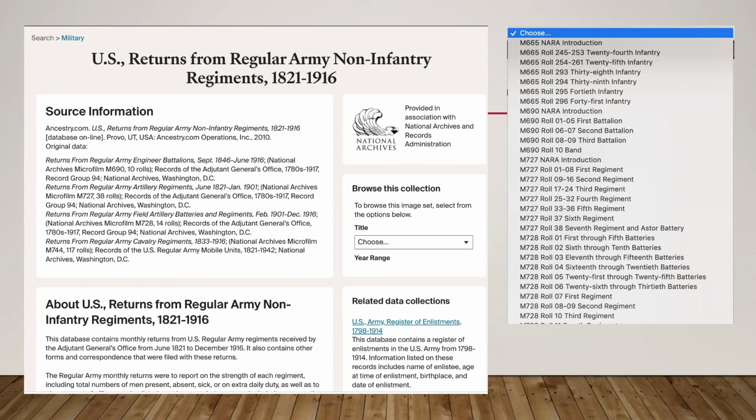You will also find that he was in the 2nd Dragoons. Well, the 2nd Dragoons is a non-infantry regiment, and these are sort of hidden on Ancestry. You have to know that non-infantry means non-infantry. So there is a series of records for just infantry, and then there's a series of records for everyone else. And if you look at the browse list, you can see that there is a 2nd Cavalry, but there's no 2nd Dragoons. I'm going to take a chance, largely because I know, and look at the 2nd Cavalry, 1849 to 1855.